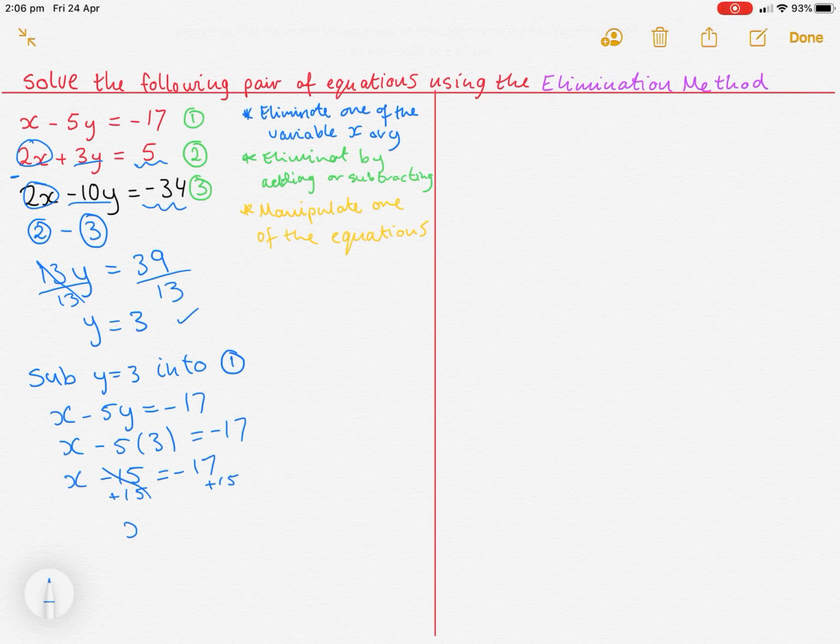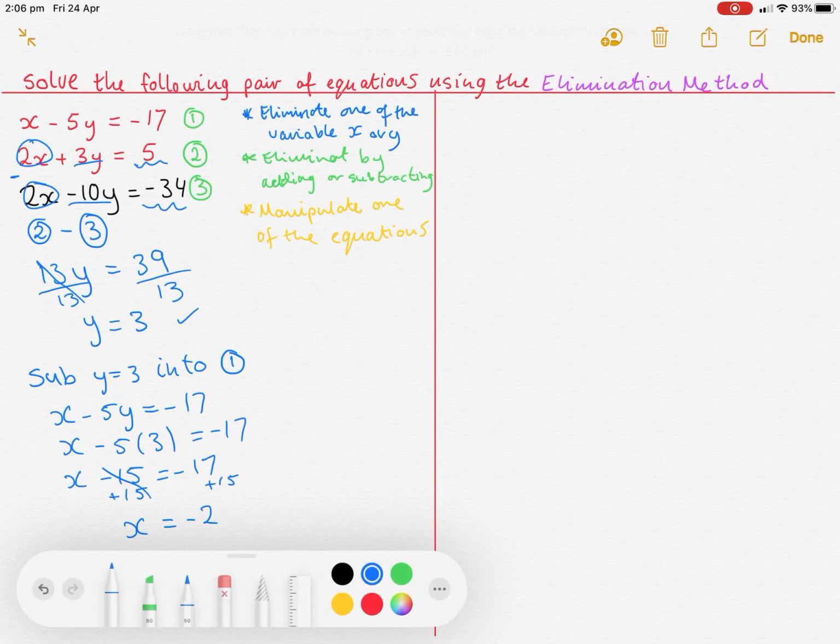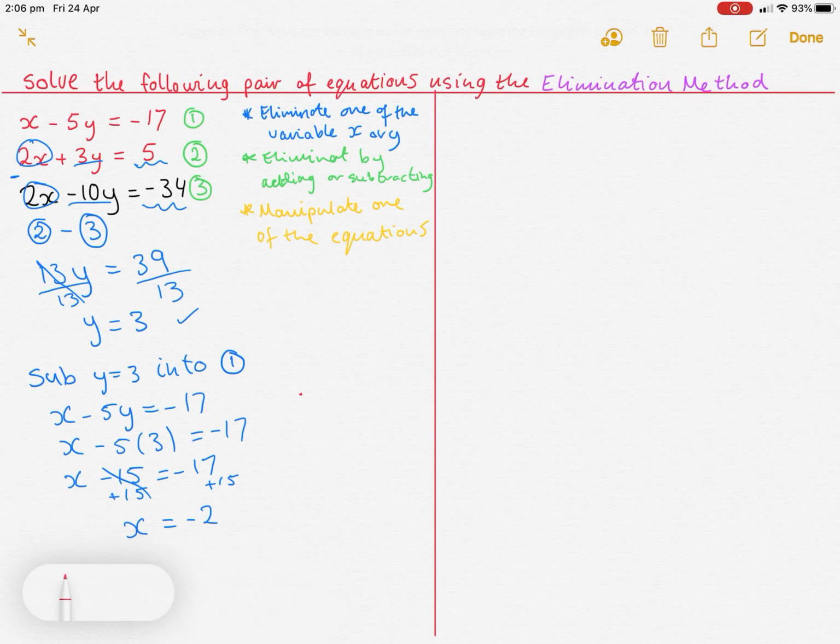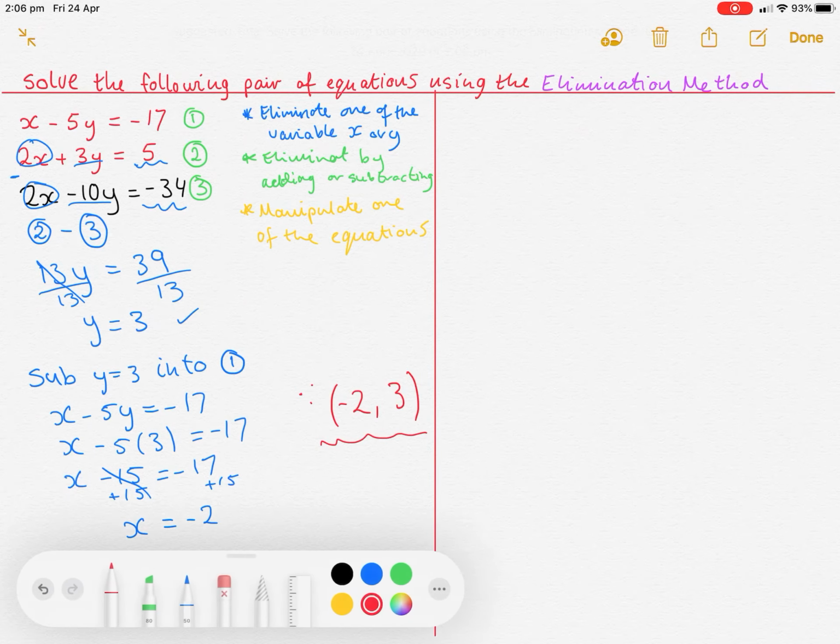Need a plus 15 on both sides. So x equals negative 2. Therefore our answer is negative 2, 3. If you were to graph the two initial equations, the lines on a graph will intersect or touch each other at negative 2, 3.